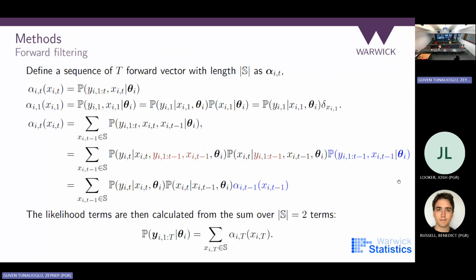By the chain rule of probability, you could decompose that into conditional probabilities, and that's the initial density of your Markov chain at the first time point. We have assumed that to be the stationary distribution, and that's why we replace it with delta right there.